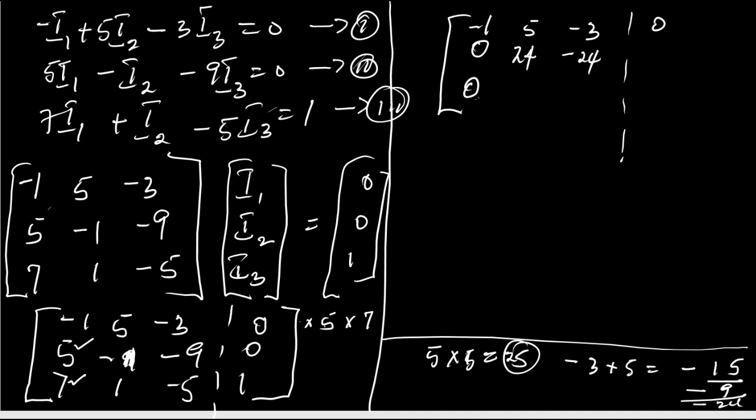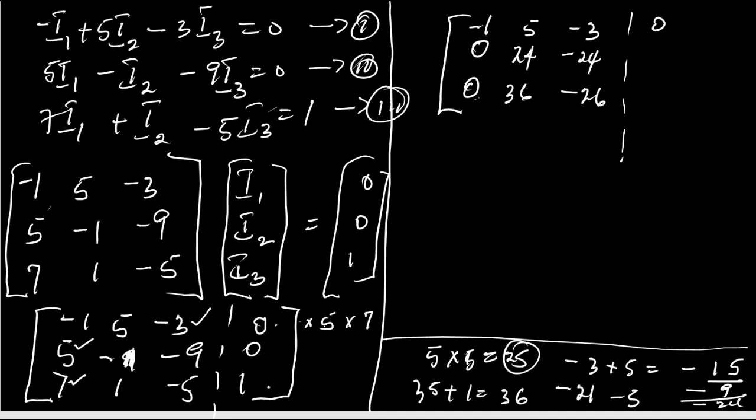The next item is 5 times 7, that's 35. 35 plus 1 is 36. The next item is minus 3 times 7, that will be minus 21. Minus 21 minus 5 will be minus 26. Then we still have 0 times 7, that's 0.